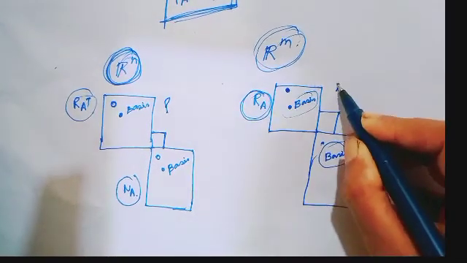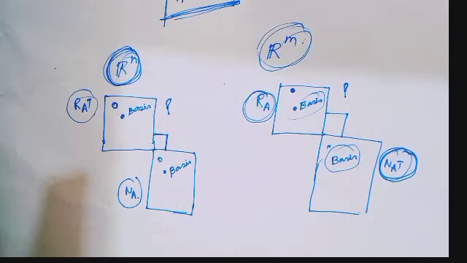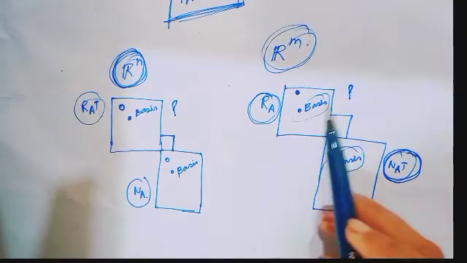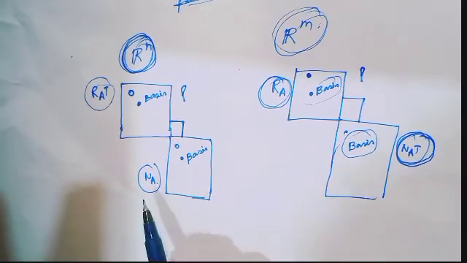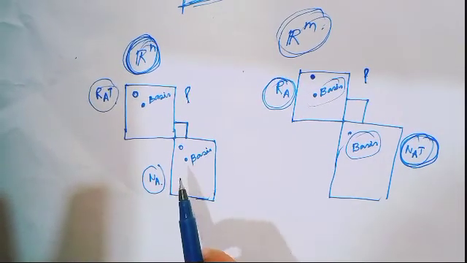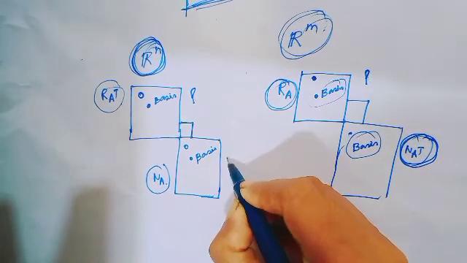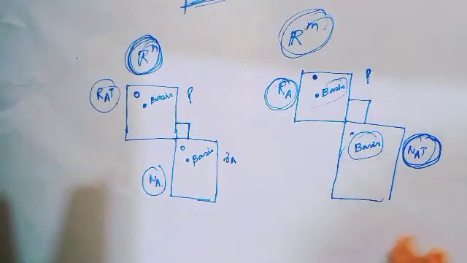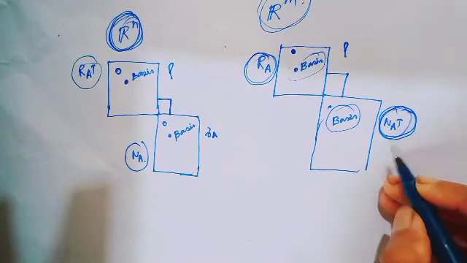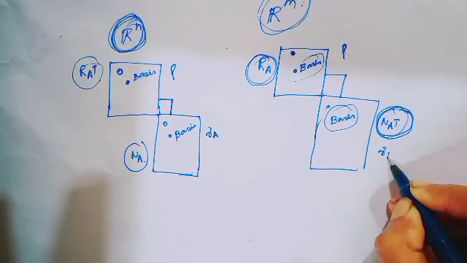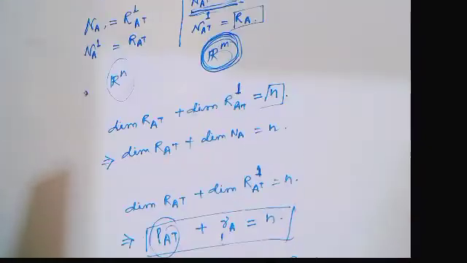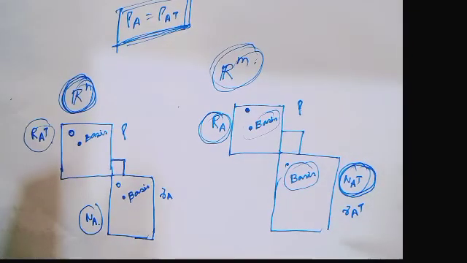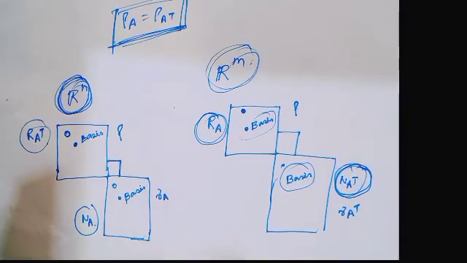Similarly, the dimension of the range of A is the rank. The dimension of the null space of A is the nullity of A, and the dimension of the null space of A transpose is the nullity of A transpose. This picture and this topic are very important for any competitive exam. Please see this picture with attention.